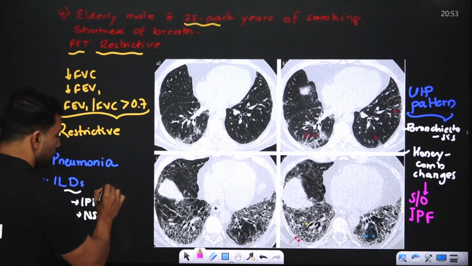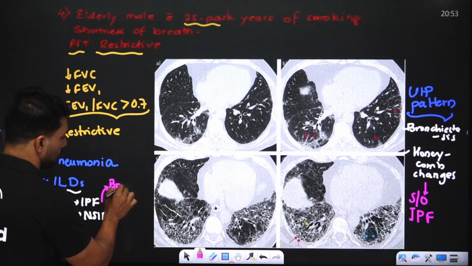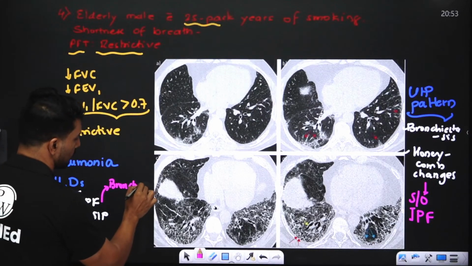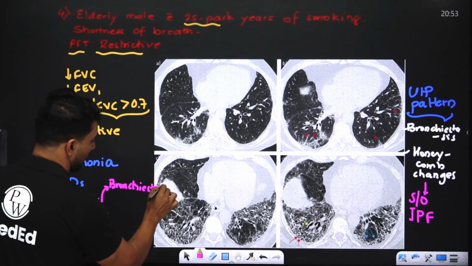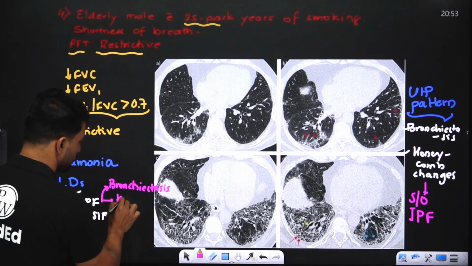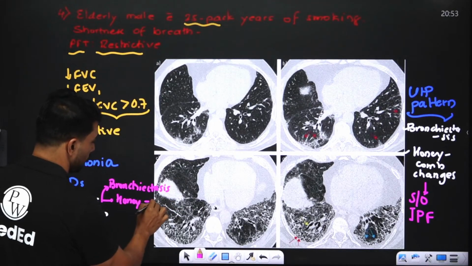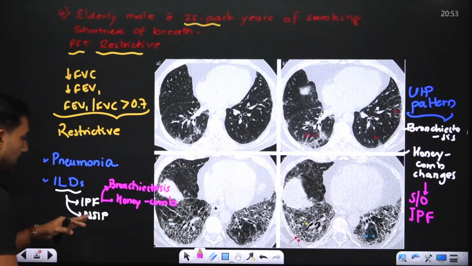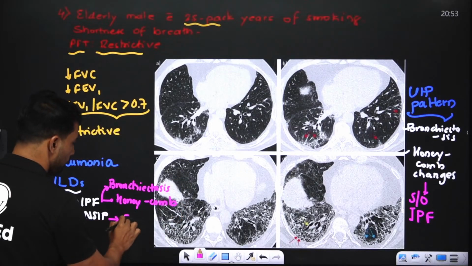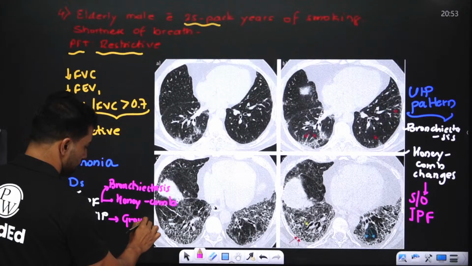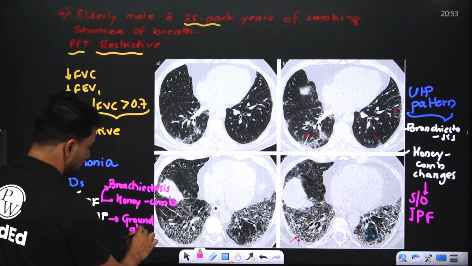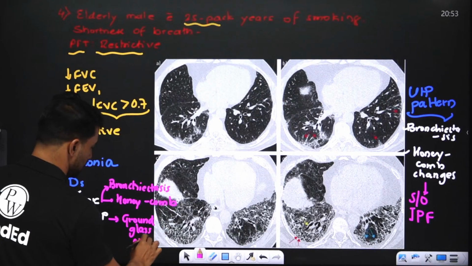In idiopathic pulmonary fibrosis, we will have traction bronchiectasis, dilated bronchi, and honeycomb changes, the honeycomb appearance. In NSIP, we will have plenty of ground glass opacities.